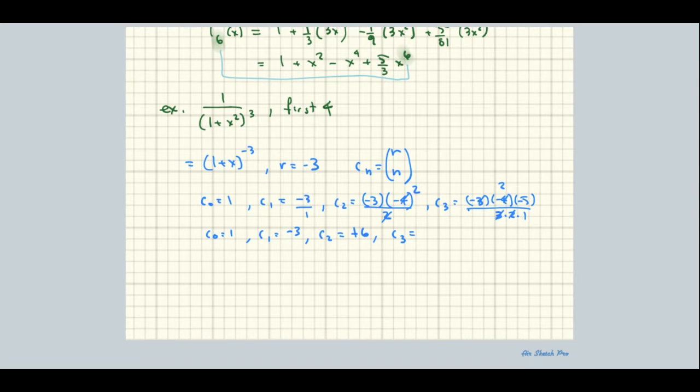There we go. Negative, negative is negative. Then 2 times 5 is 10. So I got 1, negative 3, positive 6, negative 10. Sweet. Okay. And we see it's actually truly alternating from the beginning.